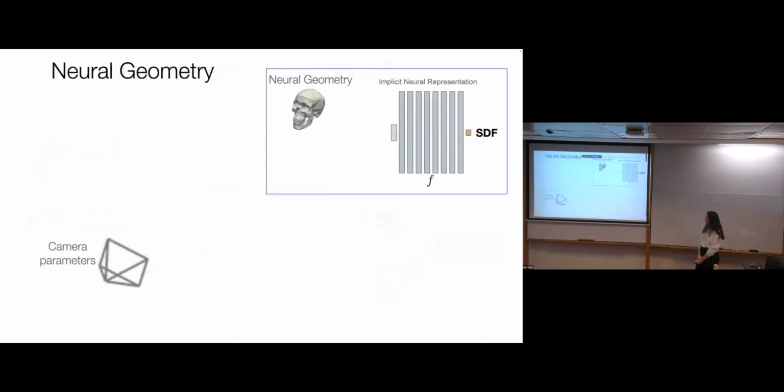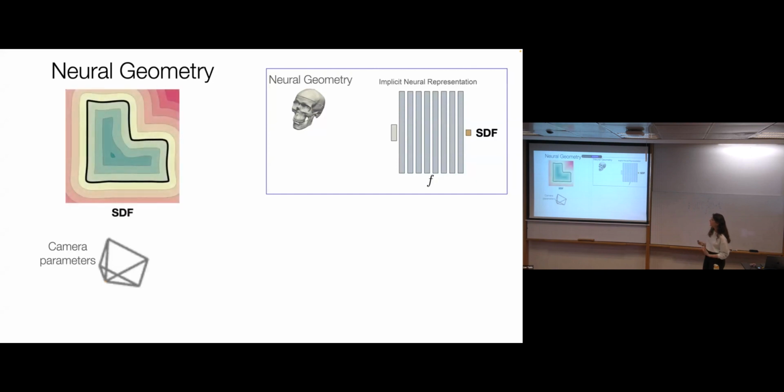Let's go over the details and it will be more clear. So here you're going to see what I just plotted, but a bit more explicitly. The neural geometry is represented using an implicit neural representation, and specifically the function that we want to approximate is a signed distance function. You can see this 2D example here.